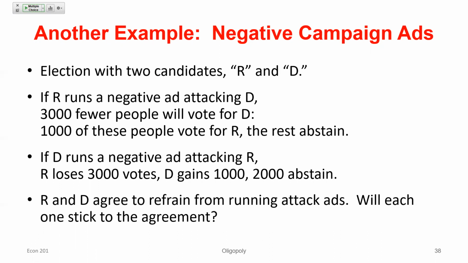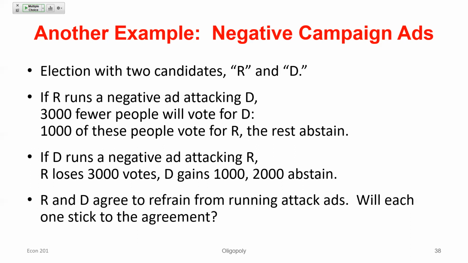If the Republican candidate runs a negative ad attacking the Democrat, 3,000 fewer people will vote for the Democratic candidate, 1,000 of those people will vote for the Republican, and the rest will not vote. So if they run a negative campaign ad, the other person loses 3,000 votes. So the Republican runs a negative campaign ad, and so does the Democrat, right?